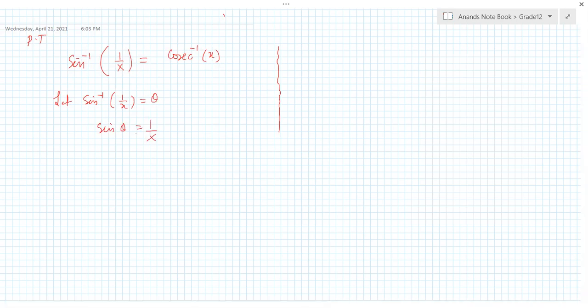Then cosecant theta is equal to x. That means theta is equal to cosecant inverse of x.